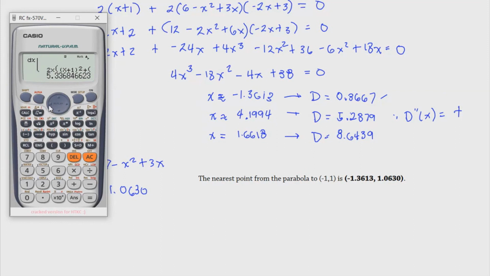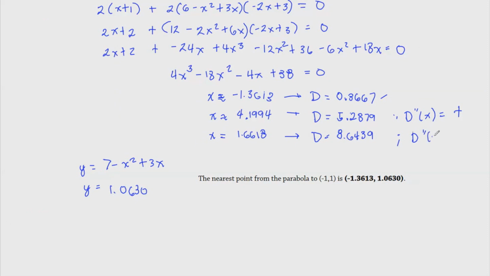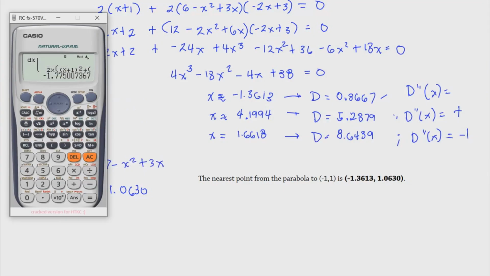So we substitute the value for this. So that's 1.6618. Okay, so this one gave me a negative value. So this x gave me a negative value, but let's check on the last, which is our answer. So this should give me a positive value.